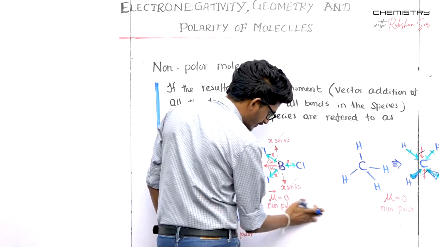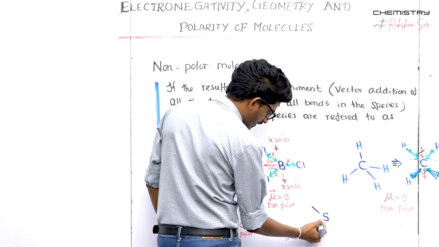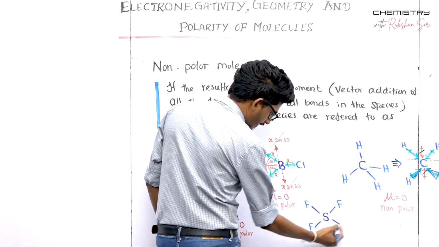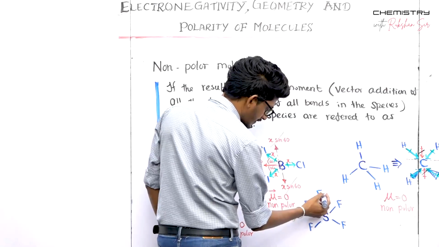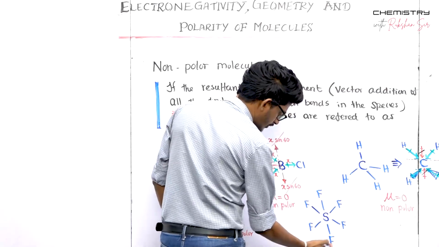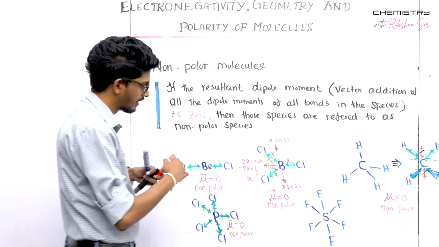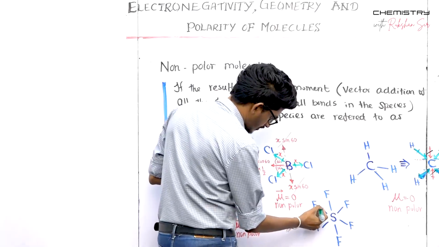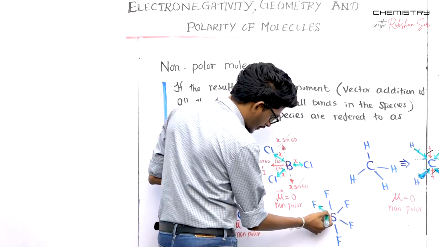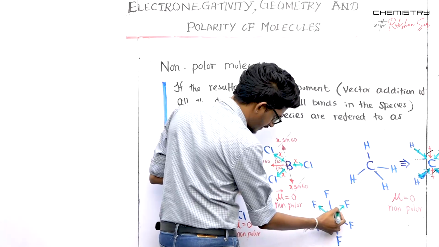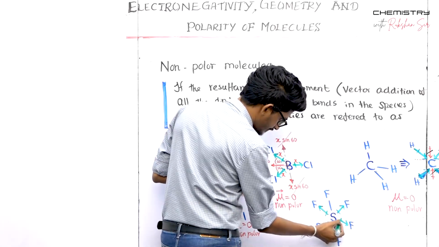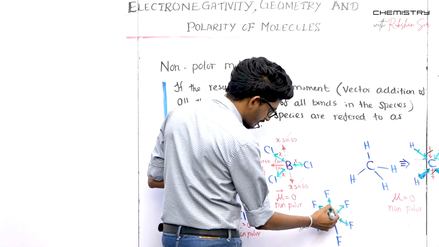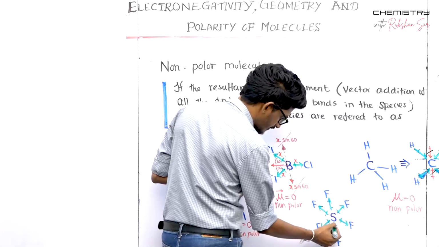Sorry, before that, let's come with the SF6, the octahedral situation. You have 4 bonds in the same plane and 2 bonds above and below. So what will happen? Here as well, first you can mark the dipole moments with each and every bond. See, the electronegative atom gets the arrow head, while the electropositive atom gets the arrow tail, which is with a positive sign as well.